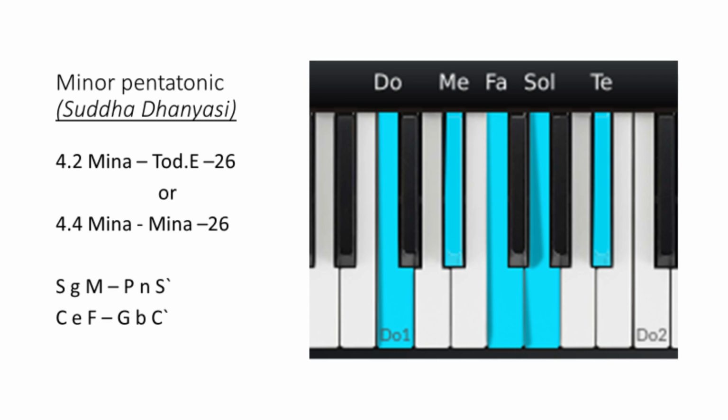But the -26 tells you that there is no re and there is no the. So the alphanumeric notation in sargam will be sa, ge, ma, pa, ne, sa. Or the alphanumeric notation in the C octave will be C, lowercase e, F, G, lowercase b, and C.